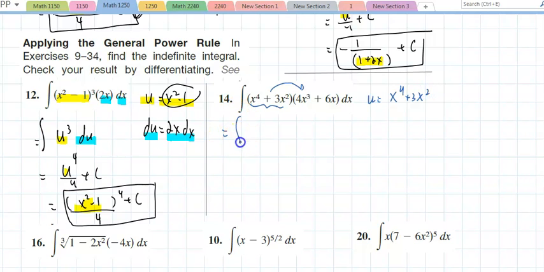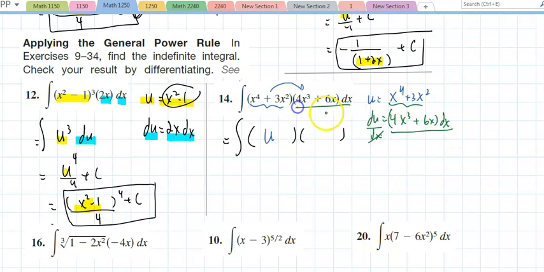this is what I did so far. I took this first parenthesis and I replaced it by u. There's no power there. And if I take a derivative of this, isn't that 4x cubed plus 6x, and it should be du dx, but I'm going to cross multiply. And do you notice that all of this right here is all of this right here?